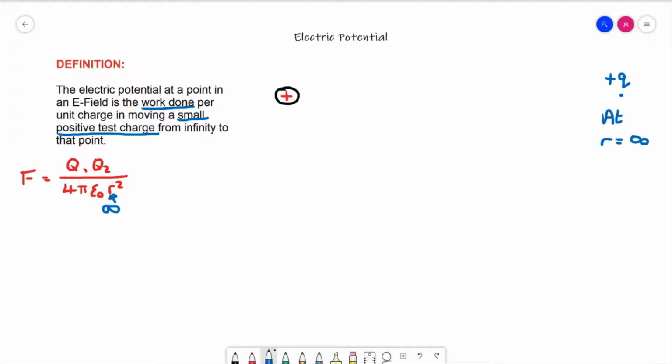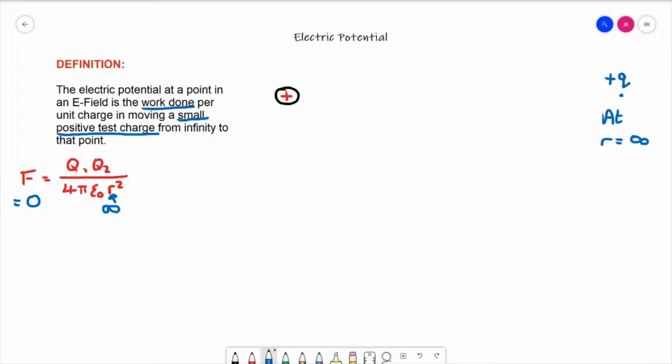That's probably a subject for another day, or something to annoy your maths teachers with. Either way, what we're going to end up with is infinity on the bottom, and therefore our force at that point, at an infinite distance away, will equal 0. There will not be any force acting.